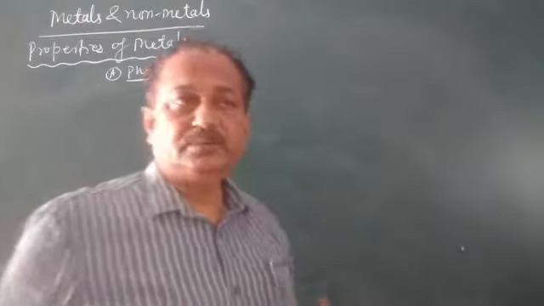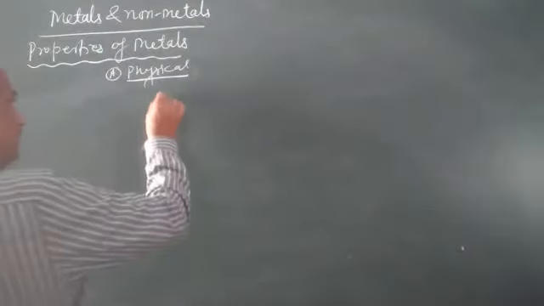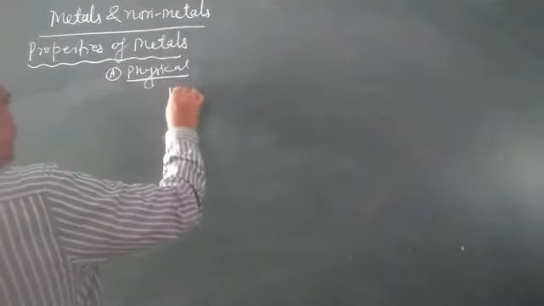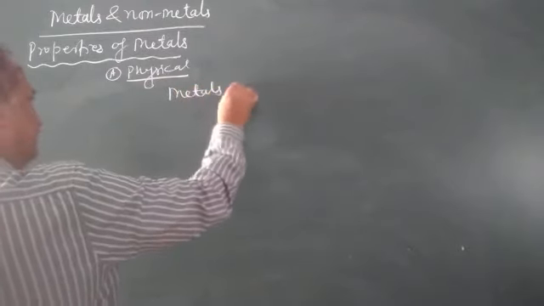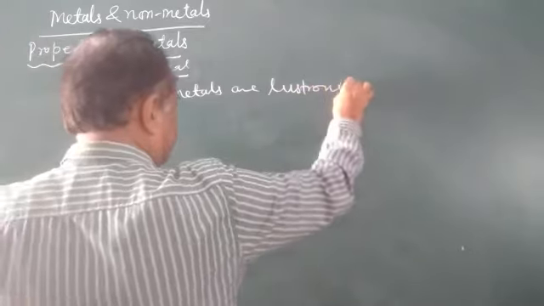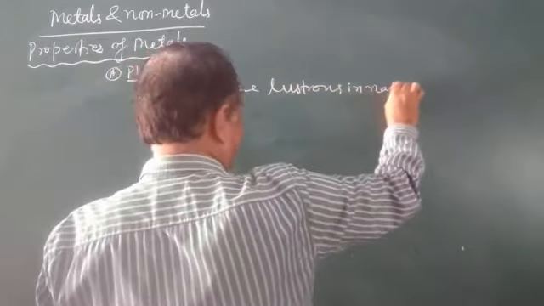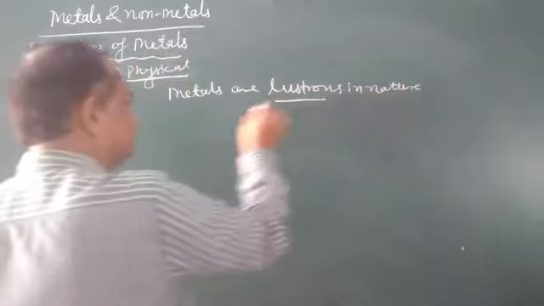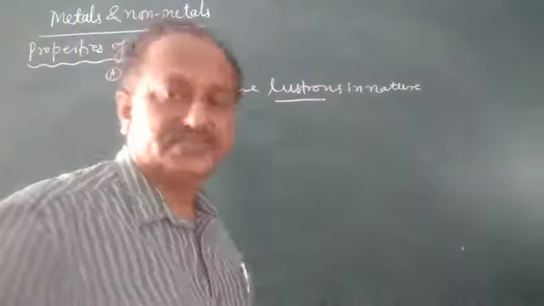Now, another important property of metals: metals are lustrous in nature. Lustrous means they have a shiny surface.